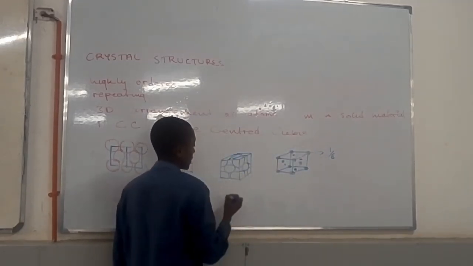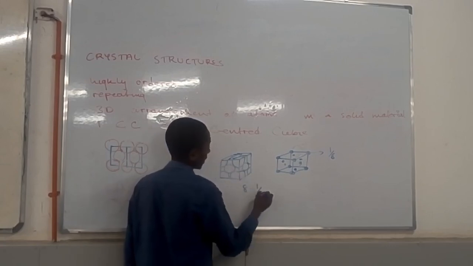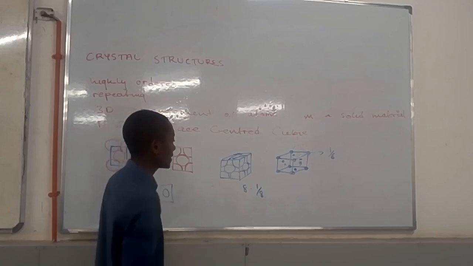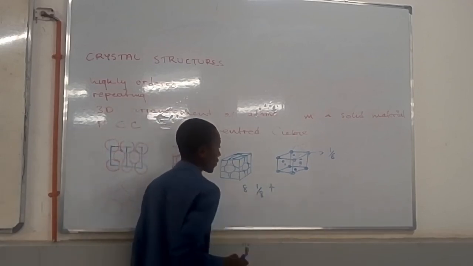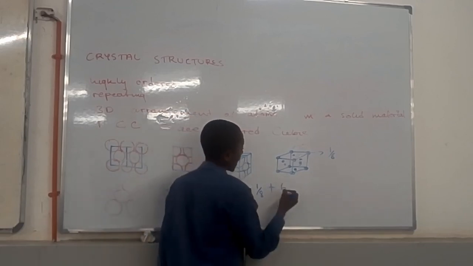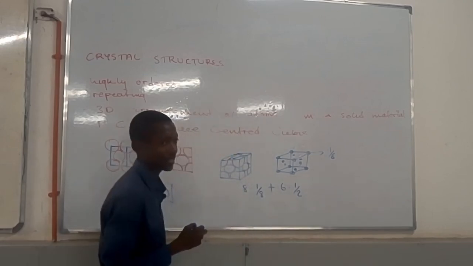We've got 8 corners, and on each corner we've got 1/8 of an atom. And we also have how many faces? We have got 6 faces, and on each face there's half an atom, right?